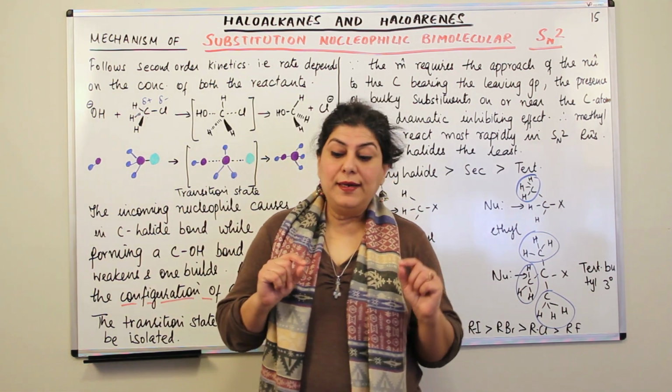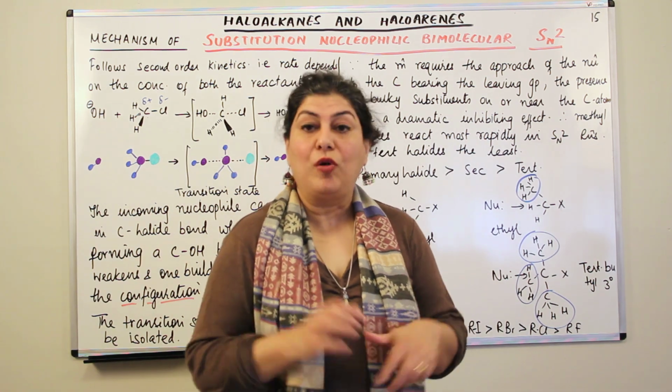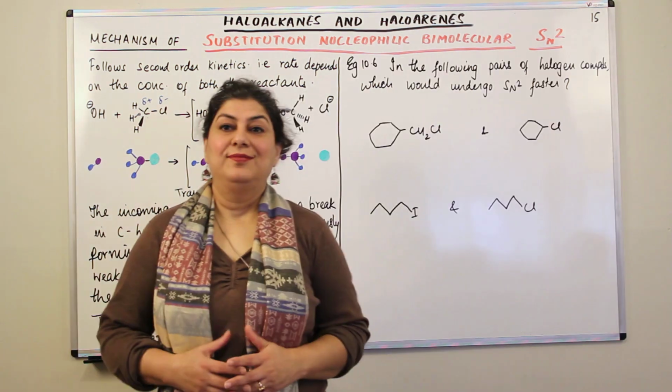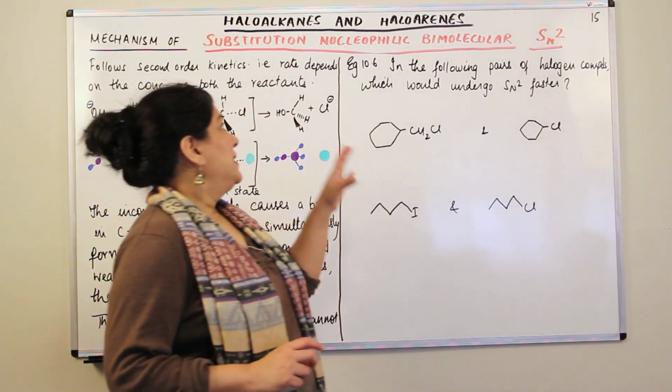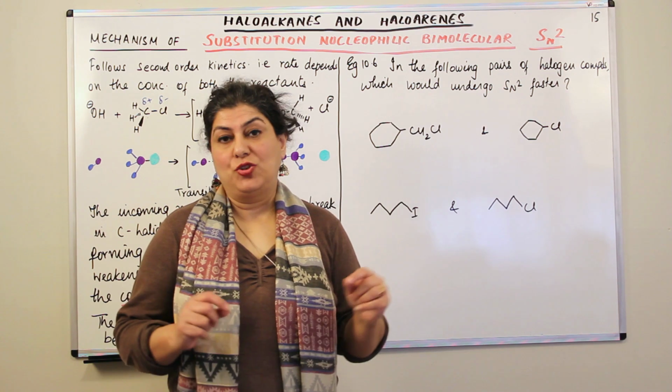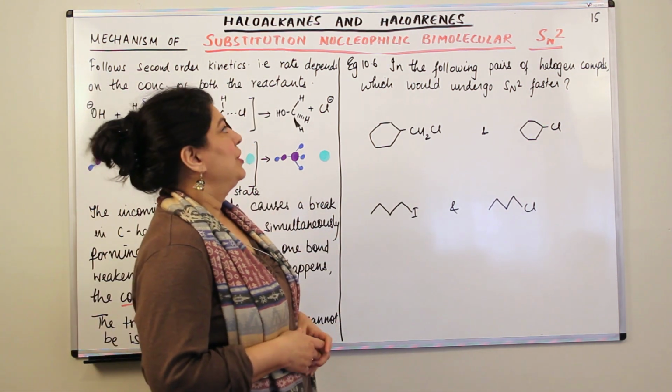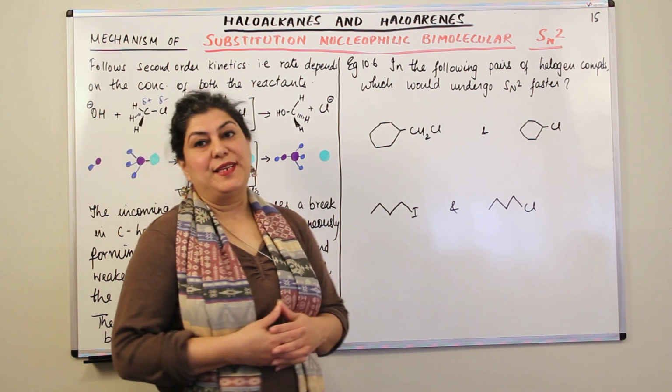Now let us do one solved example of your textbook before I wind up this video. Give me a moment. Okay, this is example 10.6, the solved example of your textbook. It says: in the following pairs of halogen compounds, which would undergo SN2 faster?